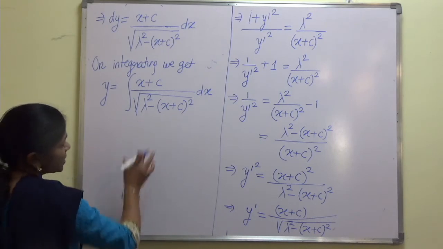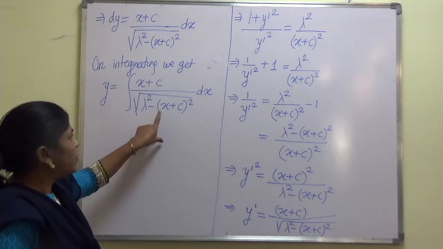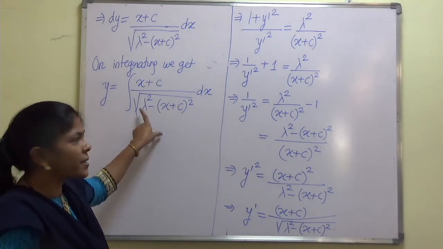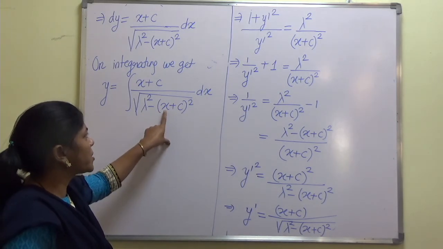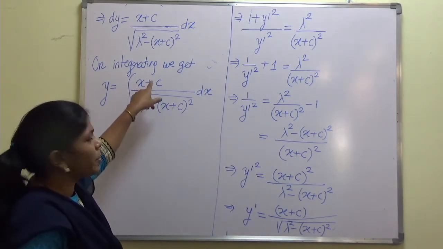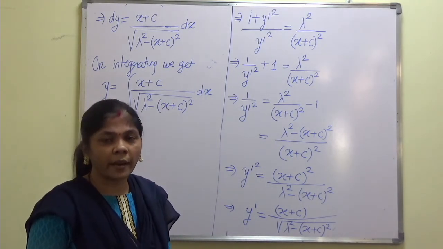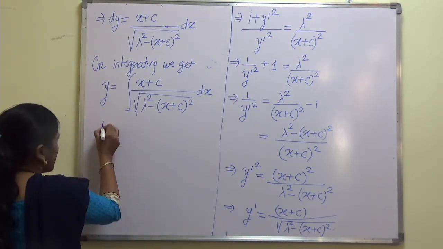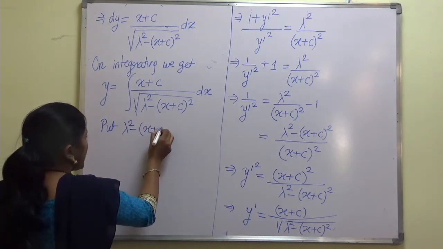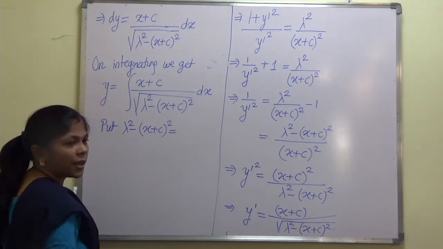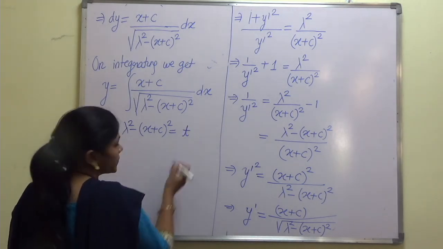Now how to simplify this integration? Look at this term carefully. What is the derivative of (x plus c) whole square, this entire term? Lambda is constant, so the derivative of this will be minus 2 into (x plus c). So in the numerator we find the term x plus c. Minus 2 is missing, which we can adjust, or I can do it another way. Just put lambda square minus (x plus c) whole square equal to, say, t.